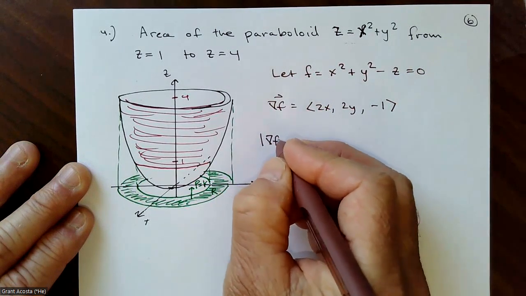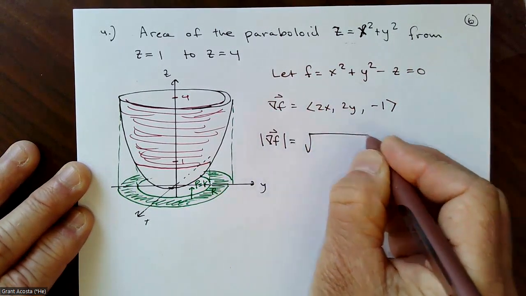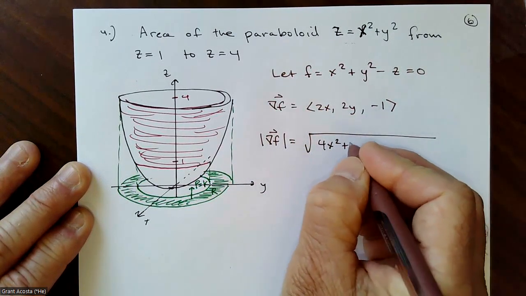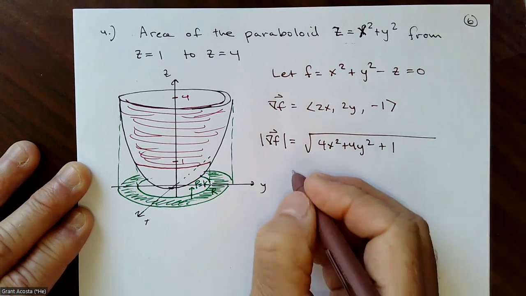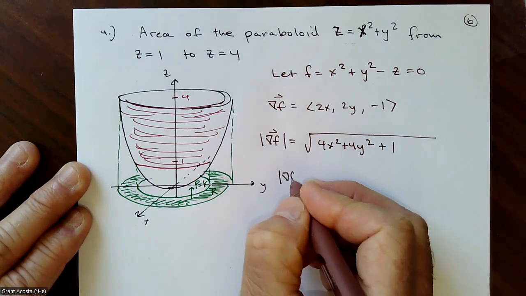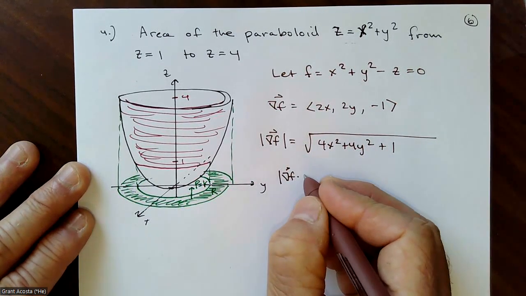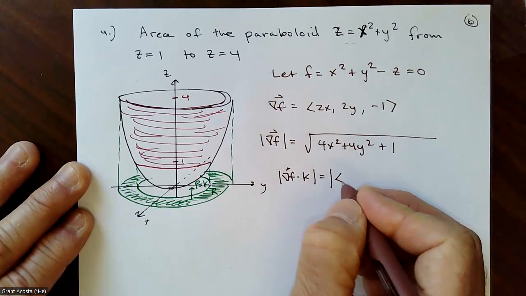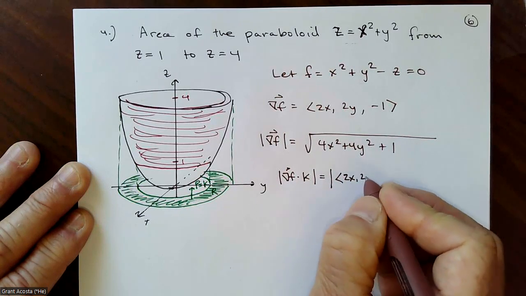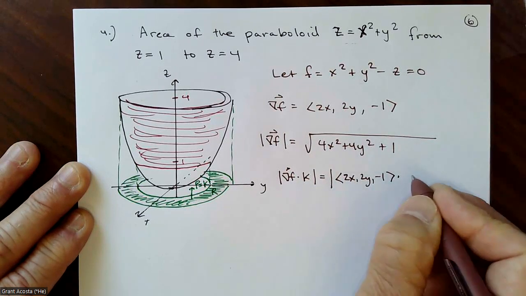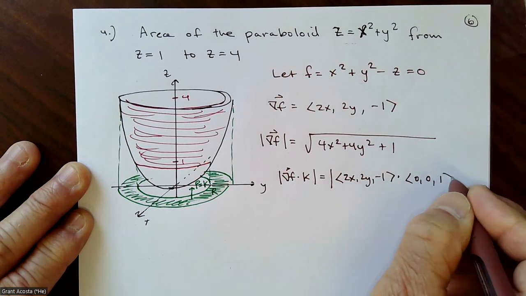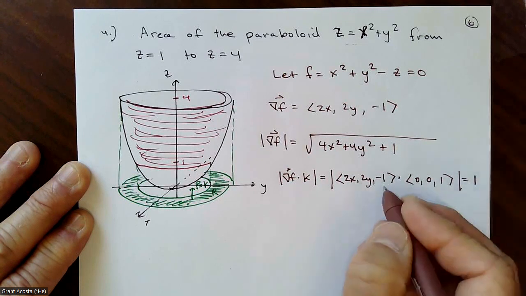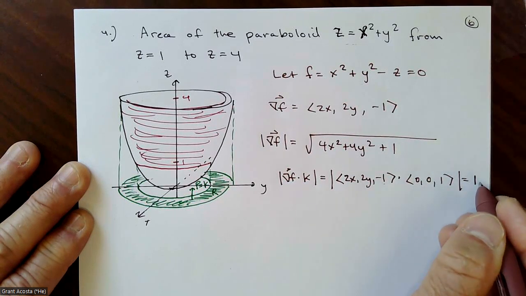Magnitude of my gradient: square that, square that, square that should give you 4x squared plus 4y squared plus 1. Magnitude of the gradient dotted with, in this case, k: 2x, 2y, negative 1, dotted with 0, 0, 1. I'm just going to get 1. Well, technically negative 1, but when I take the magnitude, I'm just going to get 1.